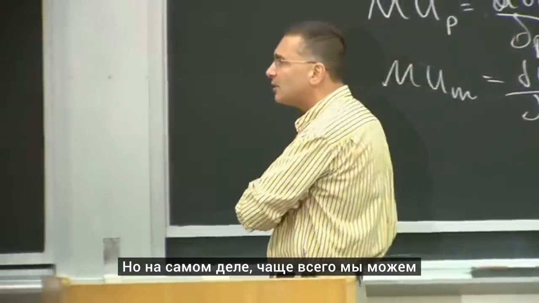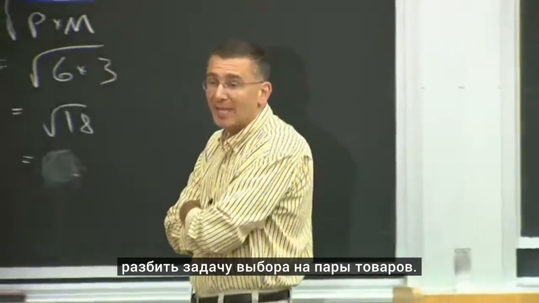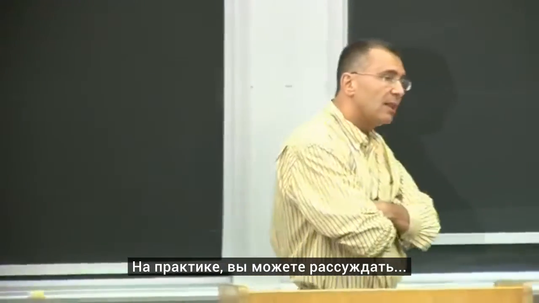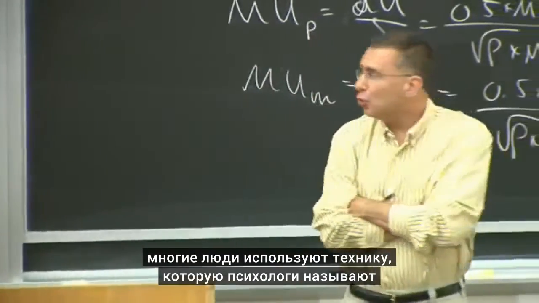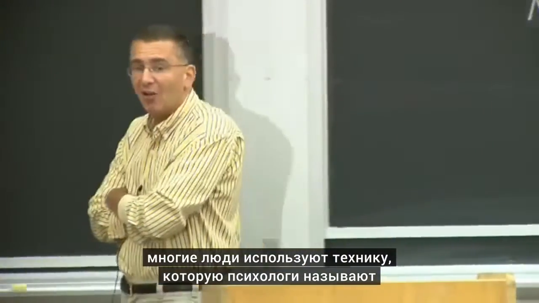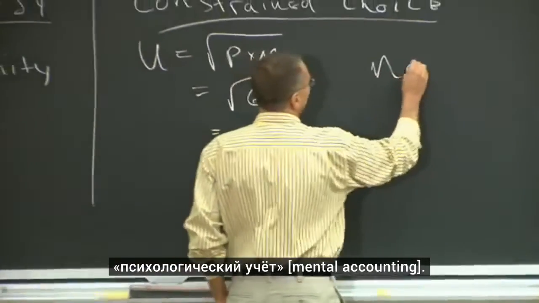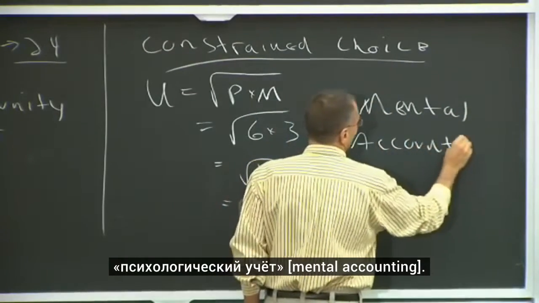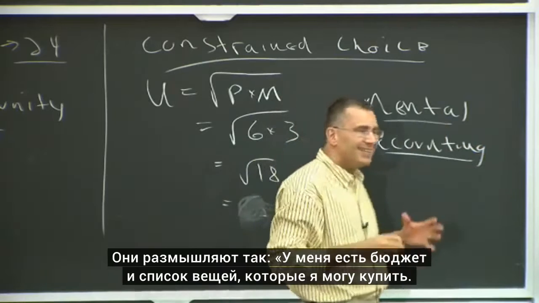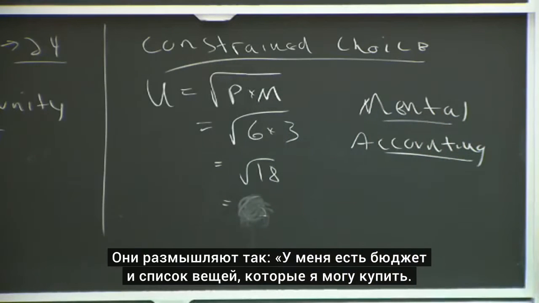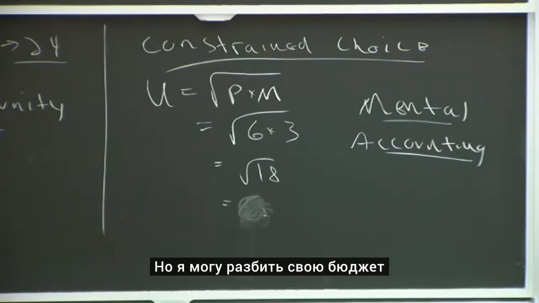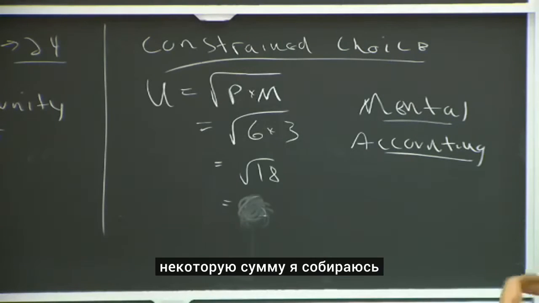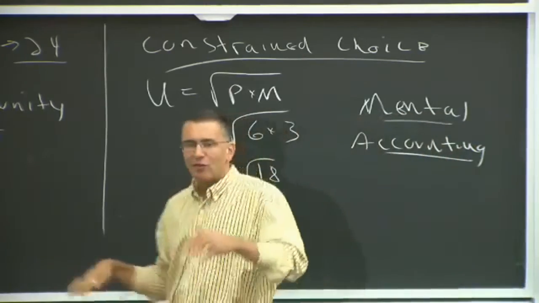But in practice, we can often think about breaking down the choices we make into pairs of choices. Many people do what a lot of psychologists call mental accounting, where basically they say, look, yes, I have a whole budget and lots of things I can buy. But in fact, I like to think of my budget in subcategories. I think of a certain amount I'm willing to spend on entertainment, and a certain amount I'm willing to spend on food.